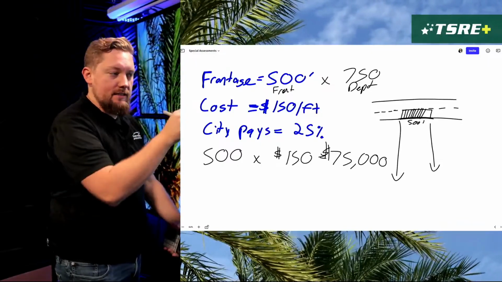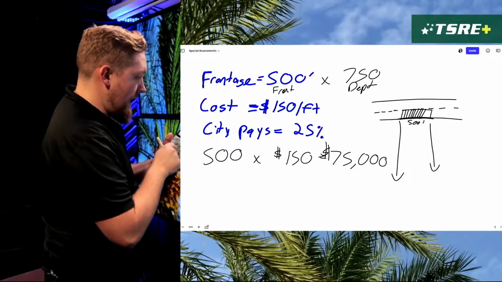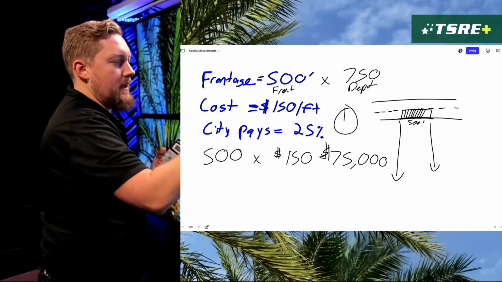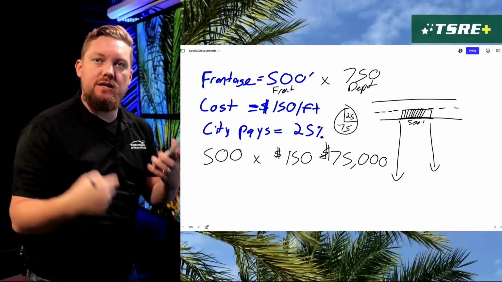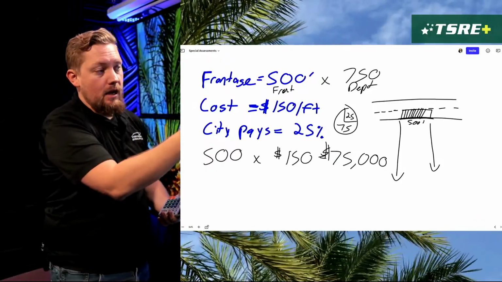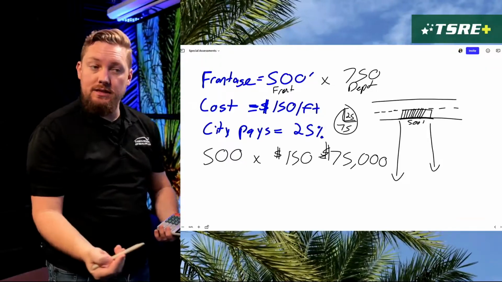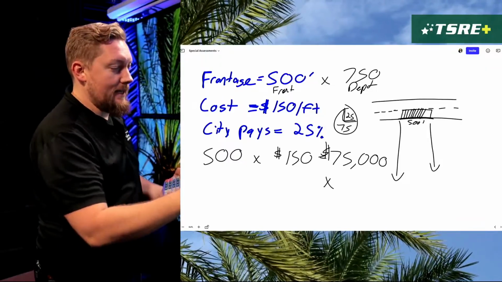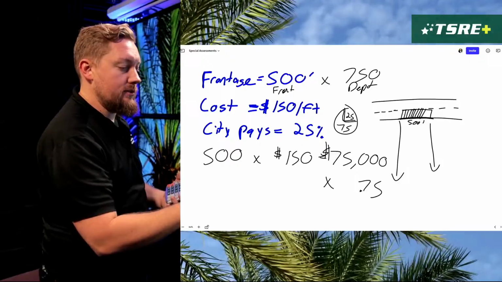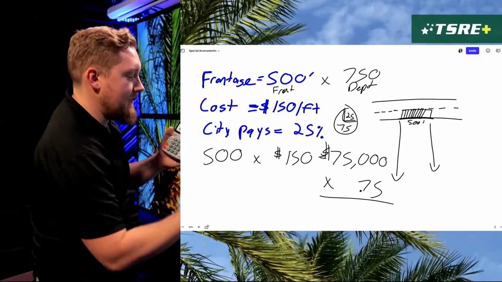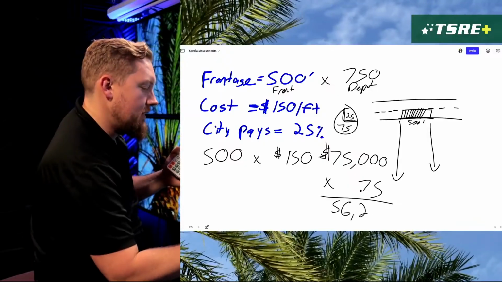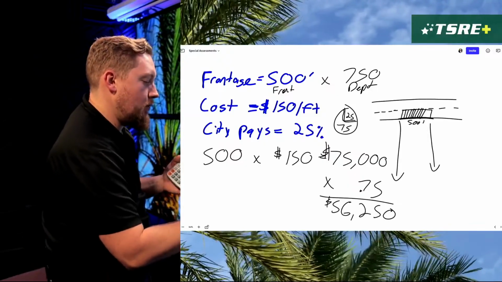But again, good news is the city is paying for 25% of that. So if the city is paying for 25%, that leaves us 75%, because 100% minus 25% leaves you with 75%. So out of that $75,000, the owners are responsible for 75% of that. We multiply by 0.75, that gives us $56,250. And you're like, wow, what a bill.